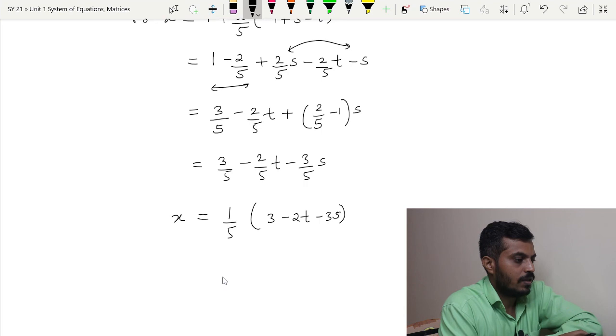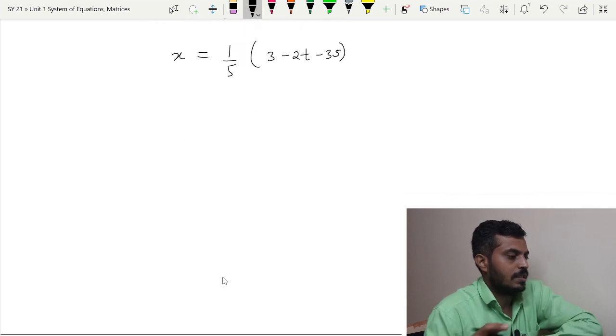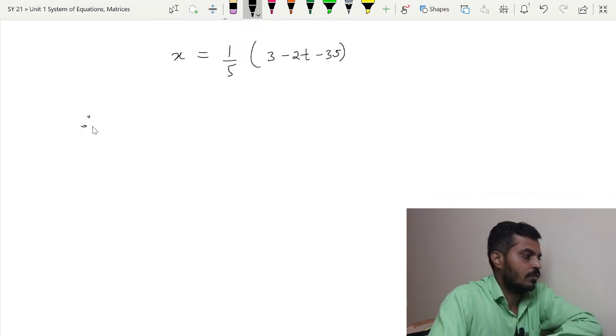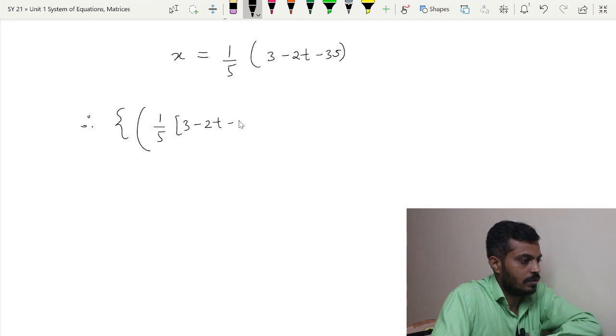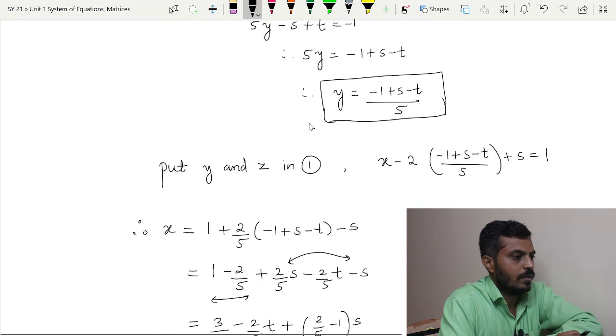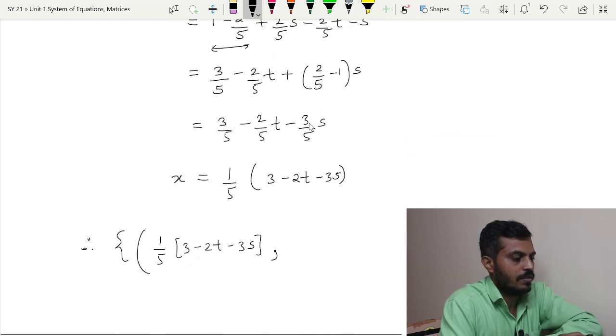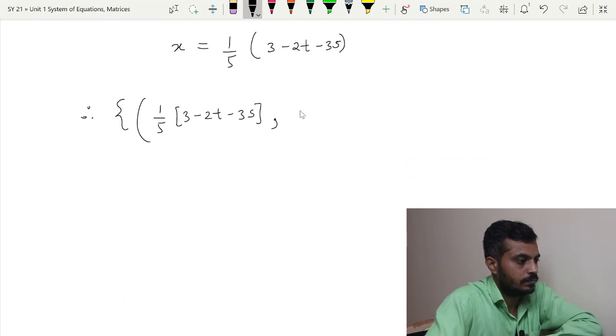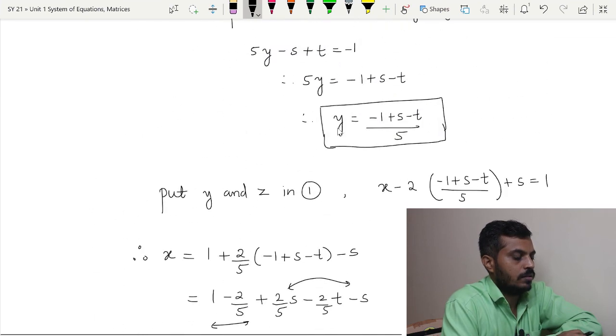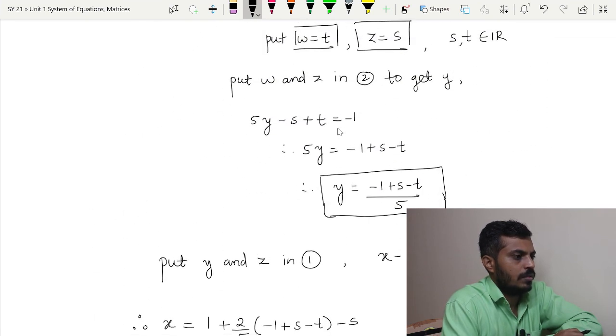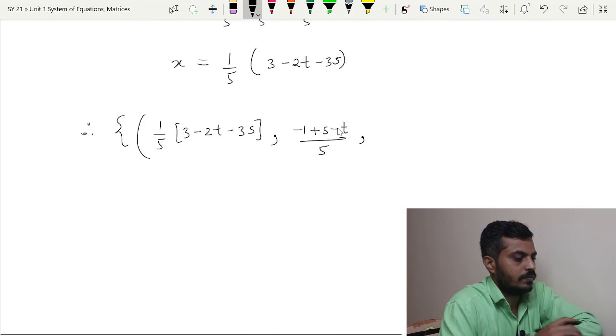So, we got all the values of x, y, z and w. Therefore, our x is 1 upon 5 inside the bracket 3 minus 2t minus 3s. Our y is minus 1 plus s minus t upon 5, and w is t and z is s.